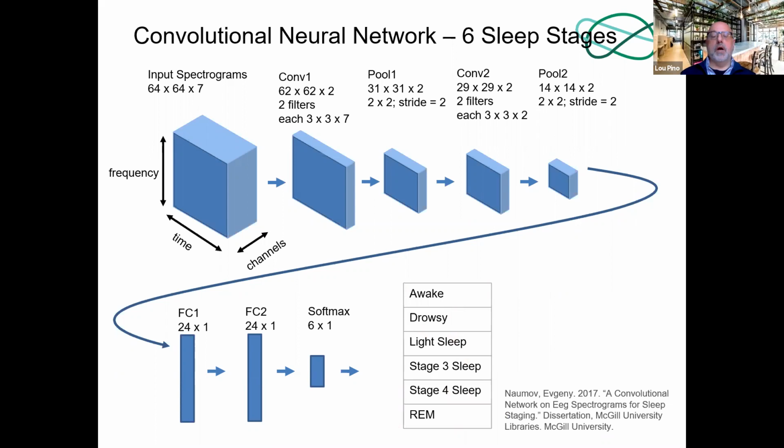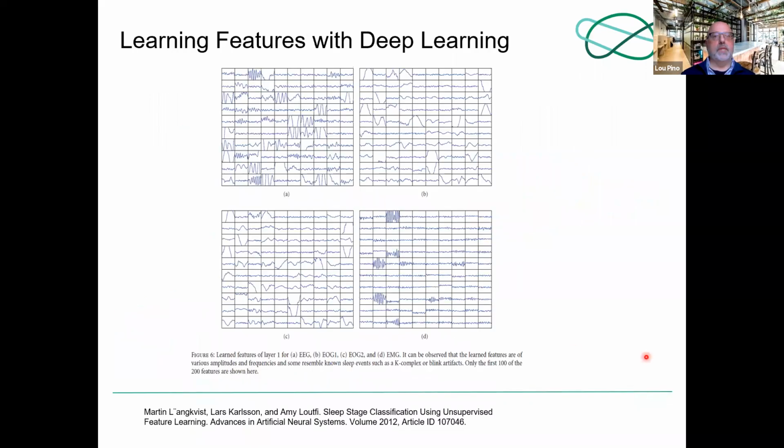Convolutional neural networks do well in the literature compared to other machine learning methods, especially for classifying sleep. Here's another paper that used deep learning to discover features, and it's done a good job.